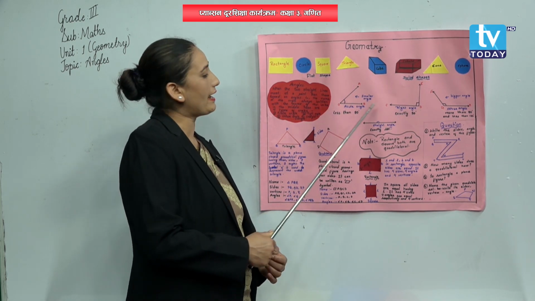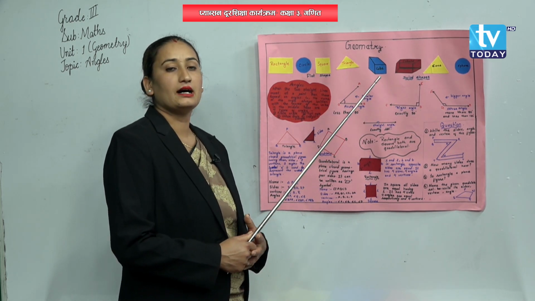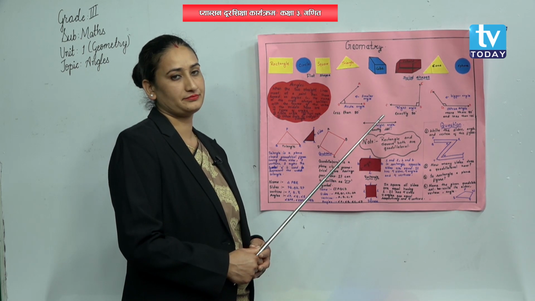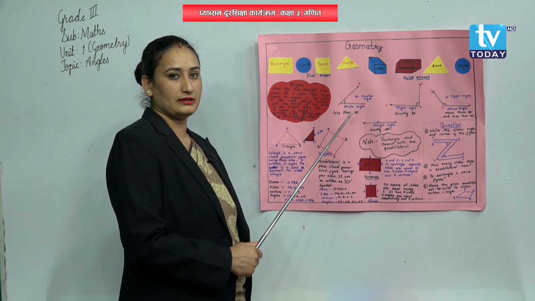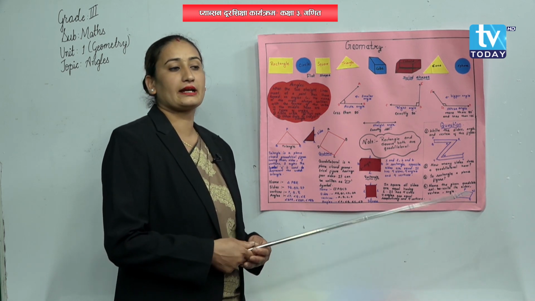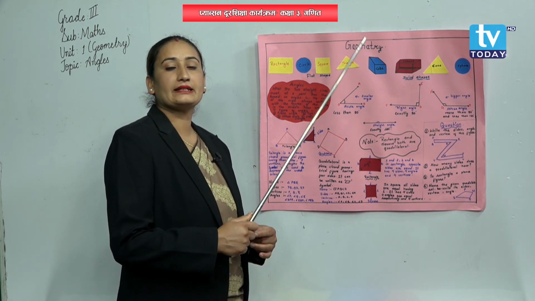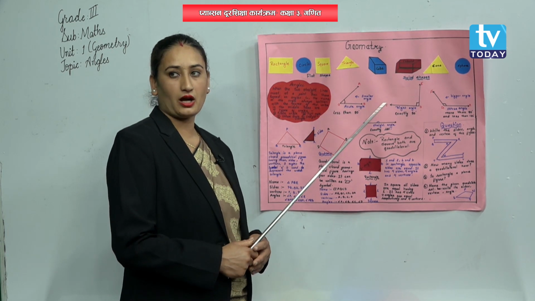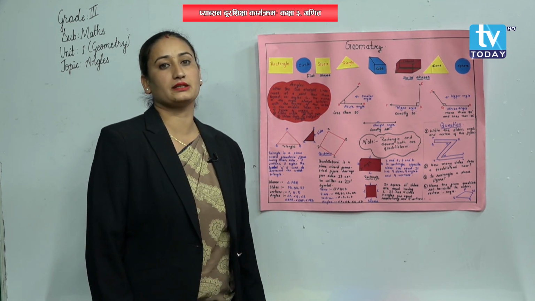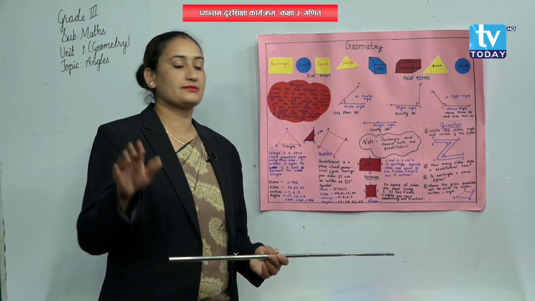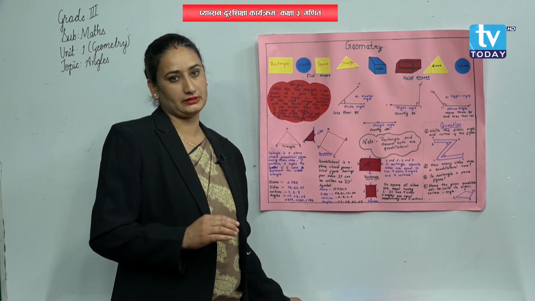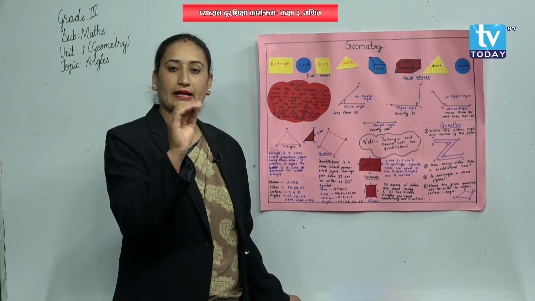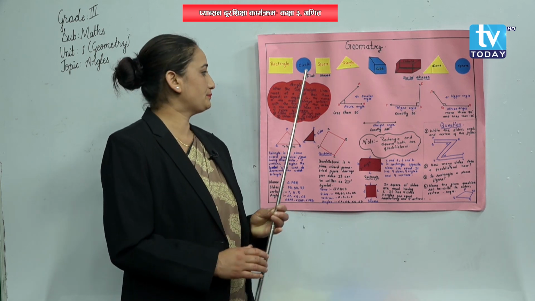This smaller angle we call an acute angle. I have written it here, acute angle, and it is less than 90 degrees. Always an acute angle is greater than 0 degrees and less than 90 degrees.